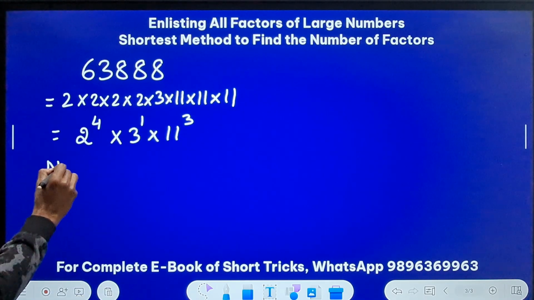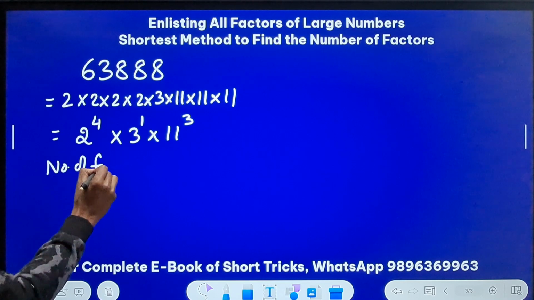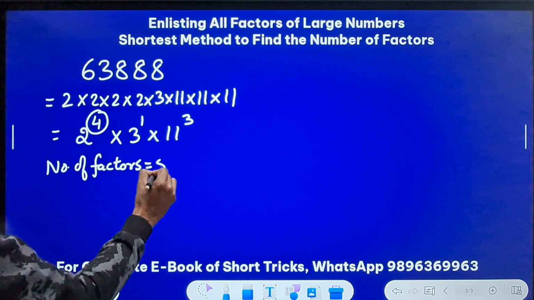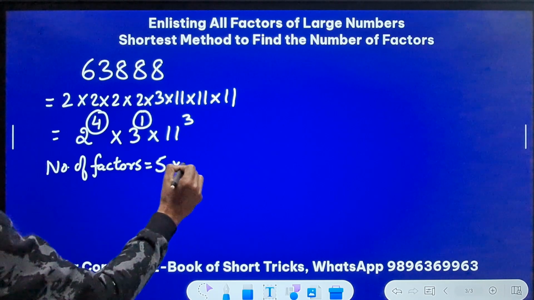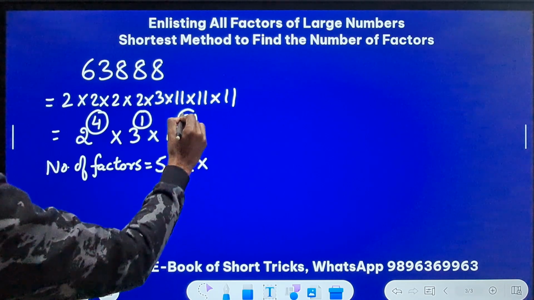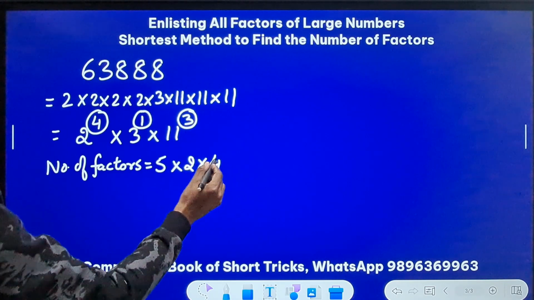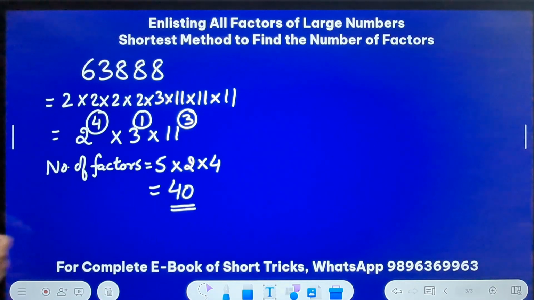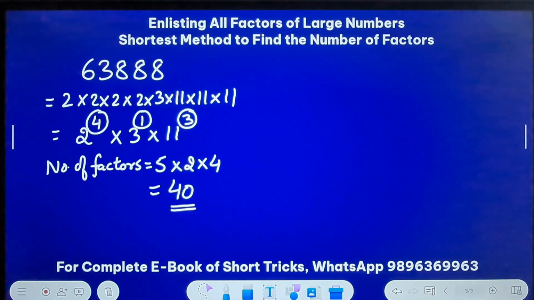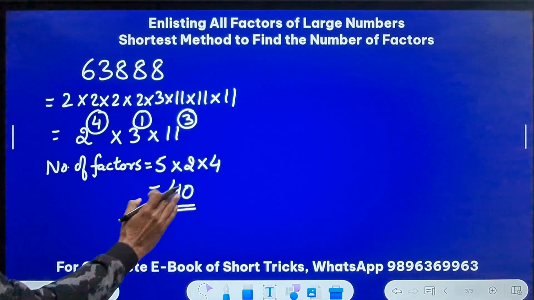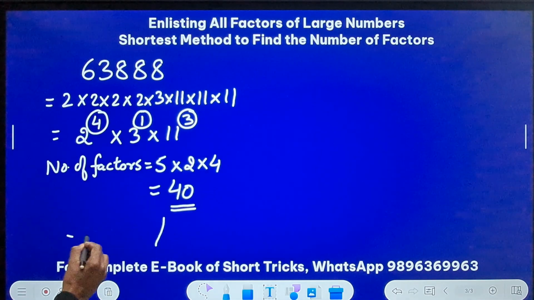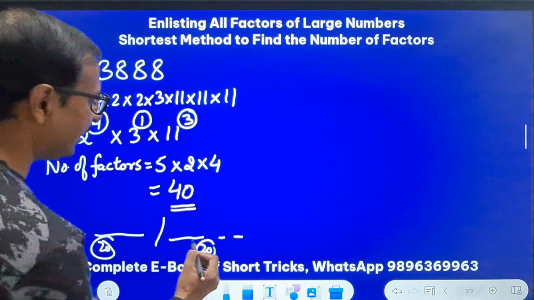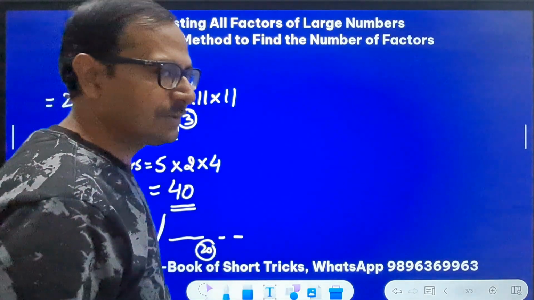And so the number of factors of this big number will be, increase this by 1, 5, increase this by 1, 2 and increase this by 1, 4. So 5 twos are 10, 4s are 40 factors. Oh my god, 40 factors is a big number, right? And so nobody is going to ask you to list down, and you will have 20 factors on the left and 20 factors on the right of the middle, right? 40 factors.